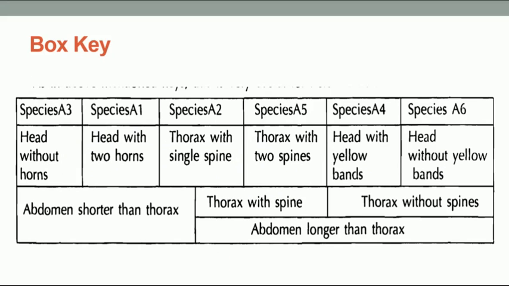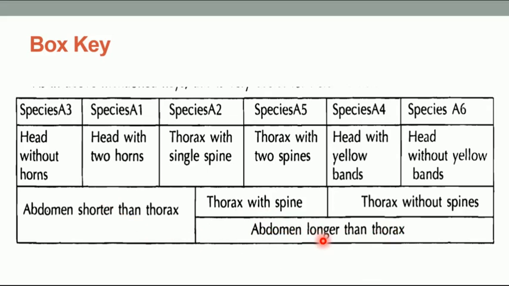So let's understand this box key with an example. Here you start from this side. Suppose I am looking for that same insect and the specimen has an abdomen longer than the thorax, then I will go to this side of the box. Then I will see the second character.